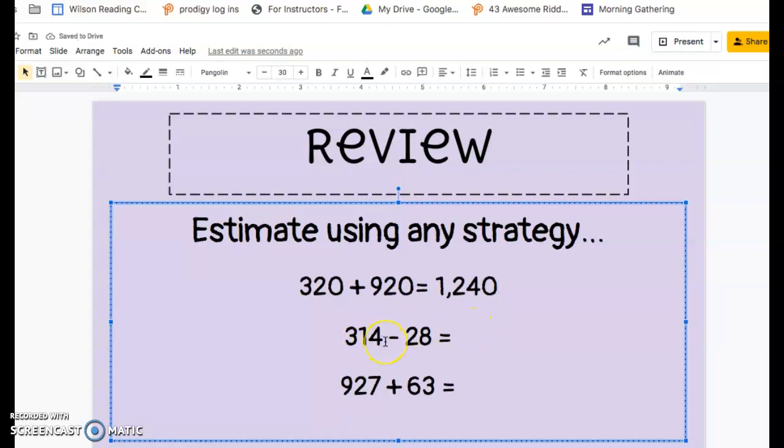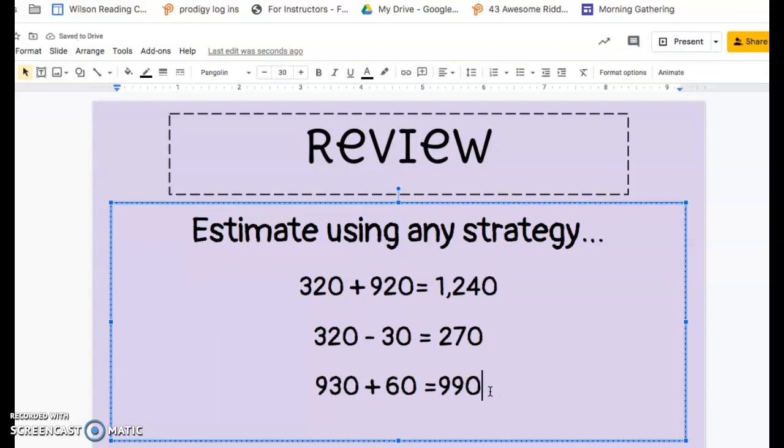Looking at our next problem, I could have done the same thing. 314 minus 28. I chose to round close to those numbers, so 320 minus 30. And when I did that, I got 270. Our final problem here was 930, I estimated, plus 60. When I put that together, I got 990.